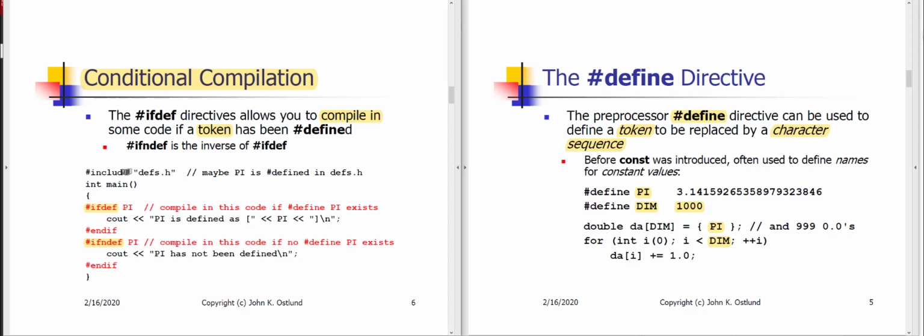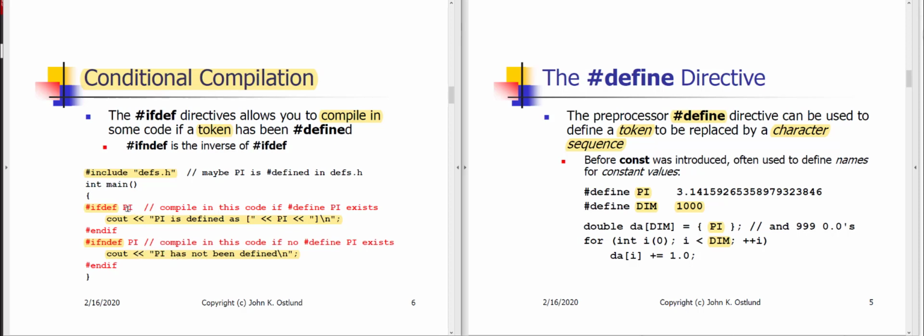So here we're including, this is our first directive, we're including a file named defs.h. Perhaps that file is full of pound define directives, and maybe pi was defined in one of those pound defines, or maybe not. As we continue scanning through the rest of this code with the preprocessor, if the token pi has been pound defined, then this statement here is passed along into the translation unit, and this next cout statement down here would not be passed on to the translation unit.